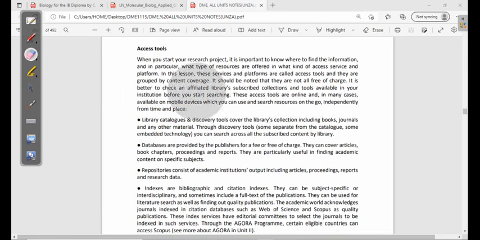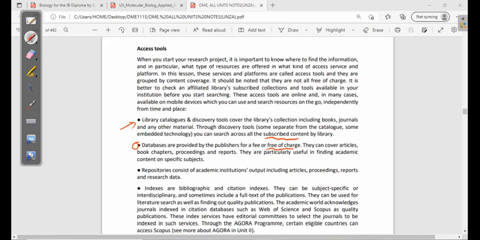And you also have databases. So these are also access tools. Apart from library catalogs, we also have databases. Databases are provided by the publishers for a fee, or sometimes even free of charge. They can cover articles, book chapters, proceedings, and reports. They are particularly useful in finding academic content on specific subjects.